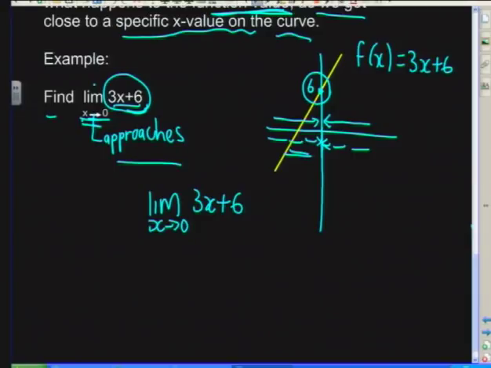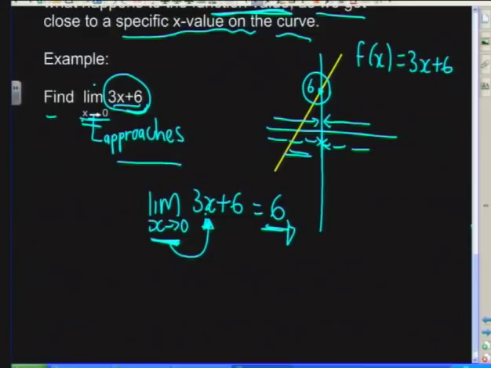And all you simply do for the x approaches 0 is you substitute x is equal to 0 in place of x. All right, and you're going to get 3 times 0 is 0, 0 plus 6 is 6. Okay, so therefore the limit as x approaches 0 of the function 3x plus 6 is equal to 6.